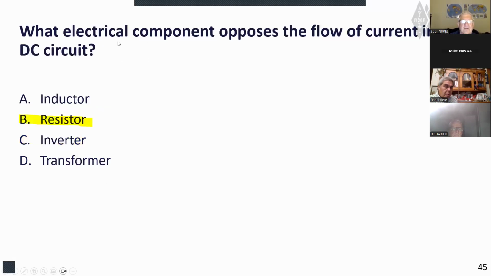The electrical component that opposes the flow of current in a DC circuit is a resistor. Actually, a resistor is a name for any component that opposes flow.